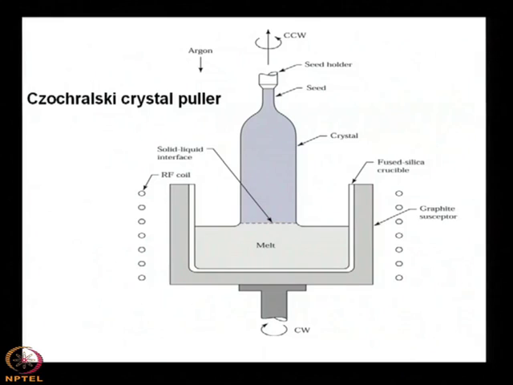Another thing is that unless you control the oxygen in the atmosphere, otherwise what will happen? The material will be oxidized as well, SiO2 will be formed as you told. So, that is why argon will be passed through the environment.